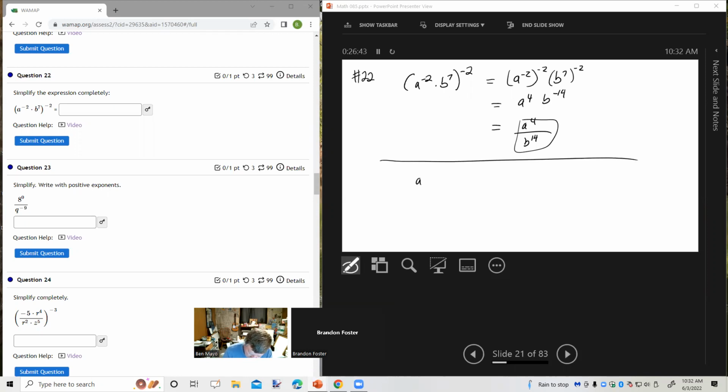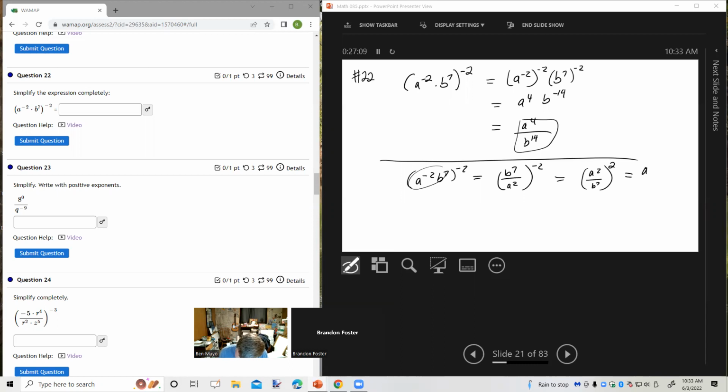Another way we could do this same problem is we could say, well, let's take what's inside and rewrite that, moving a to the -2 power down below, making it a to the +2 power. So then we'd get this, and then we could take the quotient and flip it over to change the sign of the exponent.